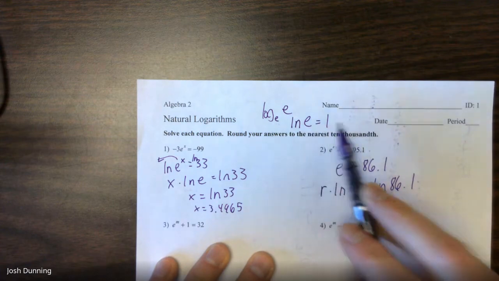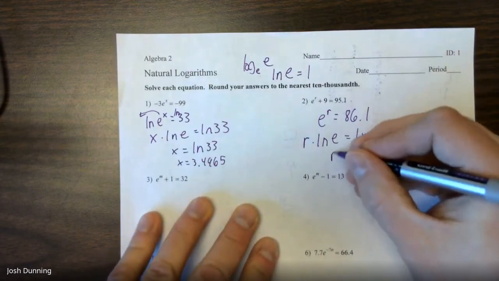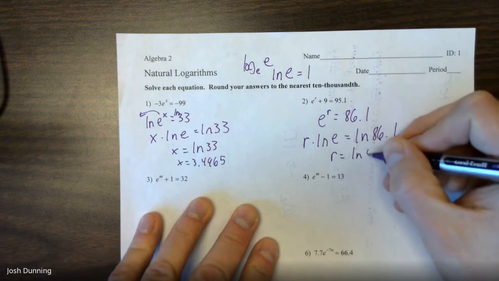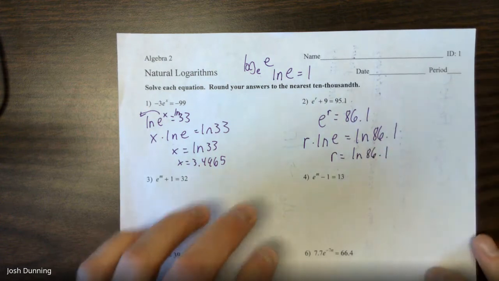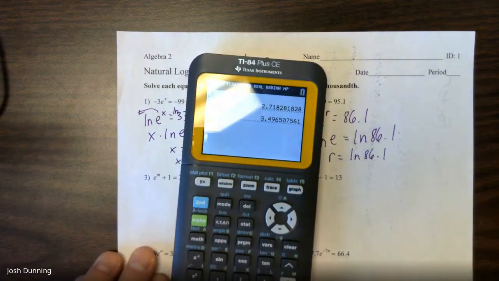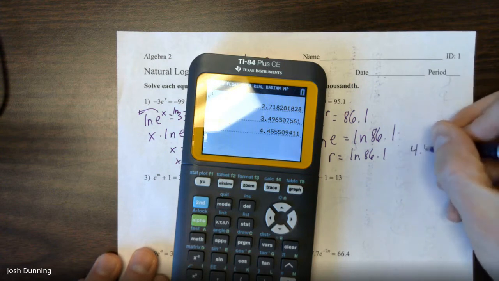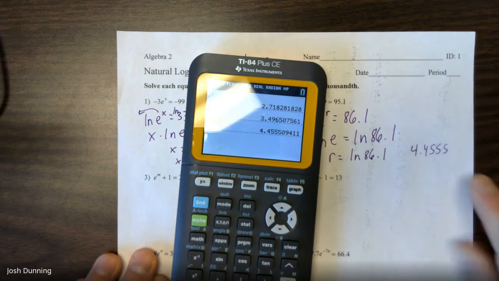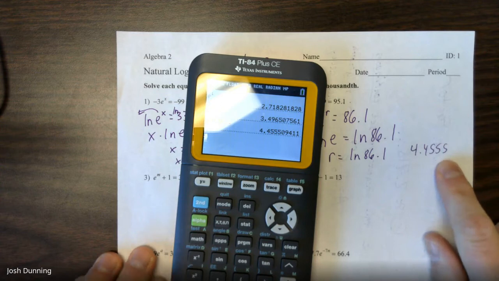That's 1. It's always equal to 1. 1 times R is just R. So you don't even have to worry about the ln of E. It's gone. Which makes it nice. All I got to type in is ln of 86.1. 4.4555. We don't have to bump that up because the next number is a 0.